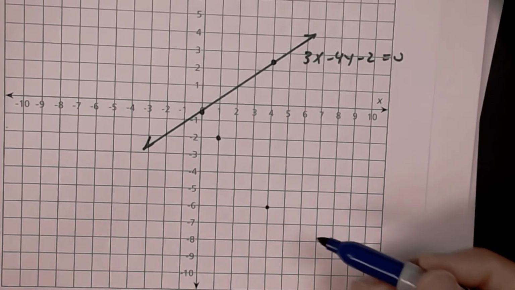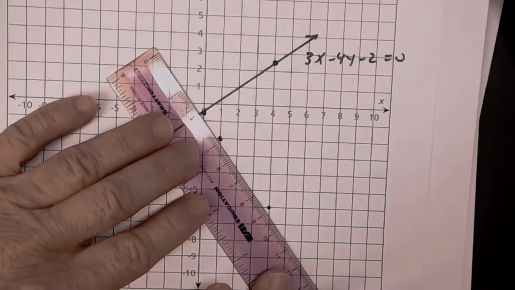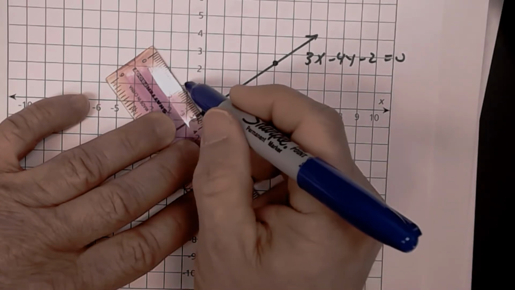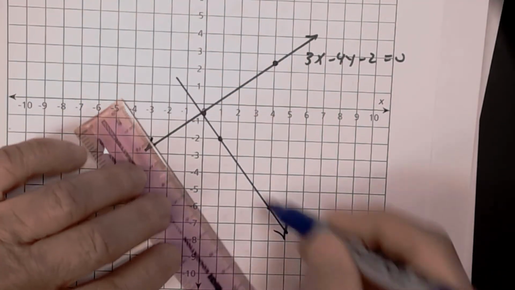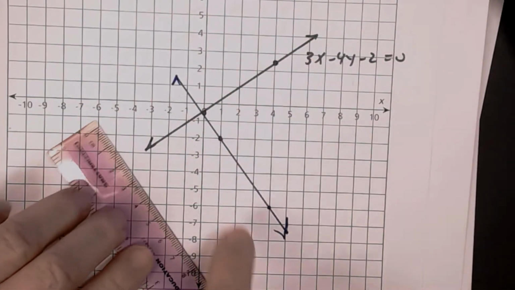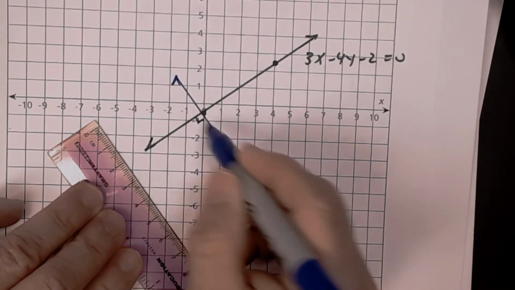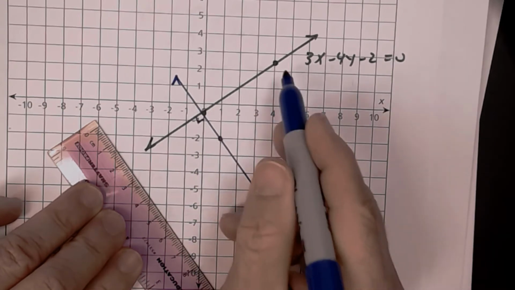Okay, so if I connect those points using a line, just like this, and if I were to measure this right here, that would be a right angle. Those two lines are perpendicular. So that's what you found.